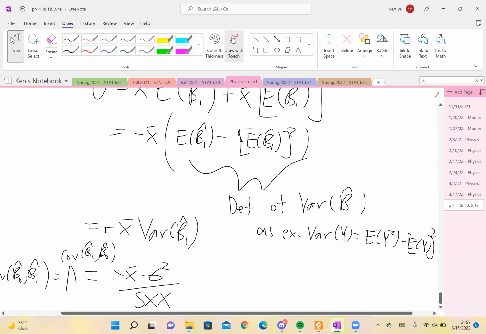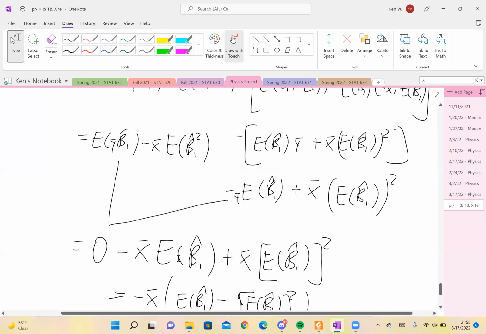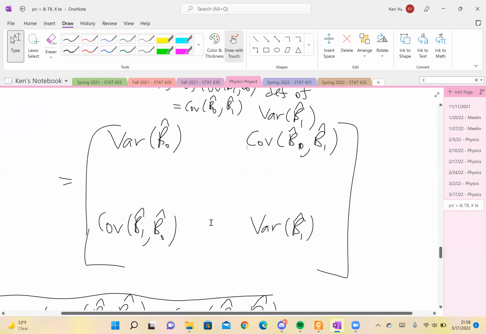So the covariance for this problem is equal to negative x bar times the variance of beta 1 hat. Then plug in the variance of beta 1 hat, which we found earlier, and you get that the covariance is equal to negative x bar times sigma squared over Sxx, which matches what we solved earlier in the variance covariance matrix.